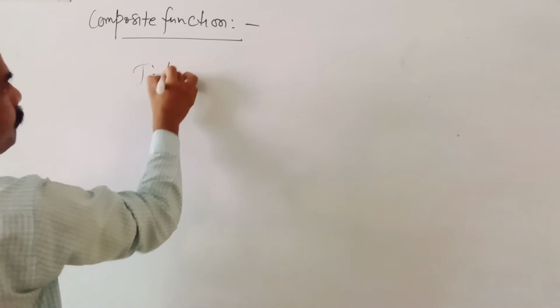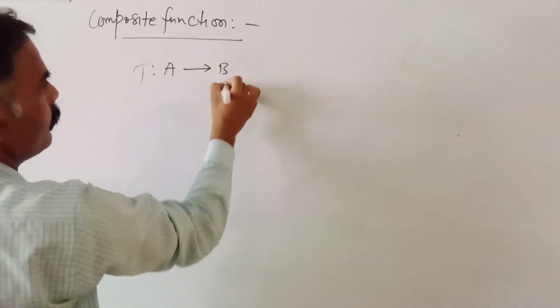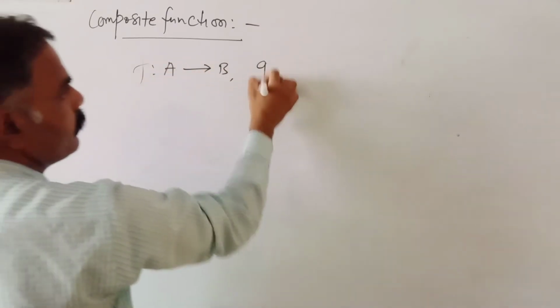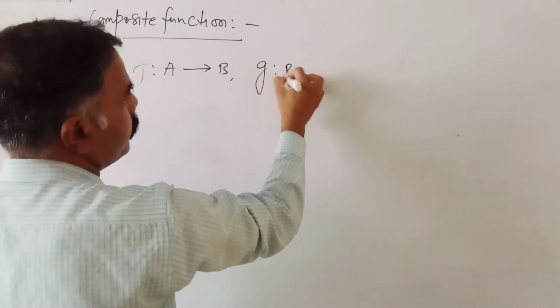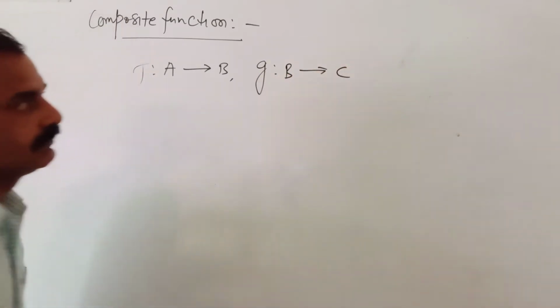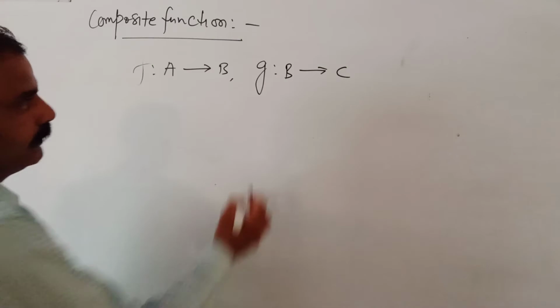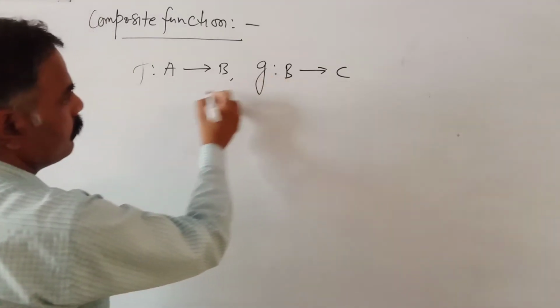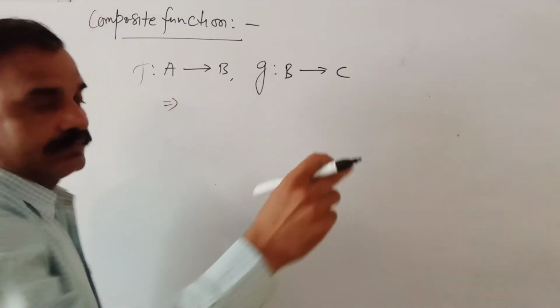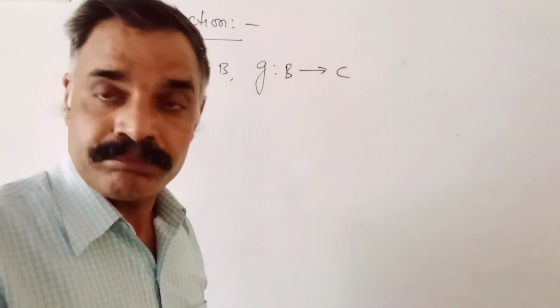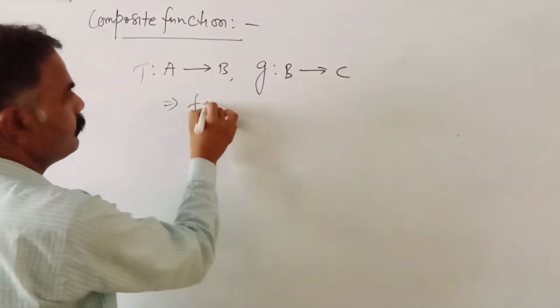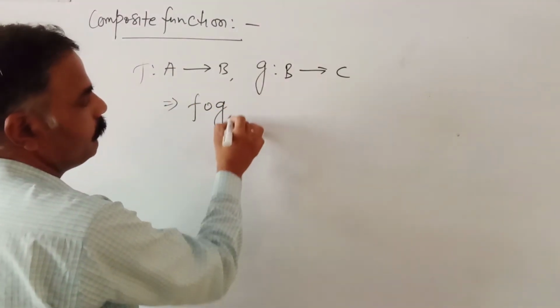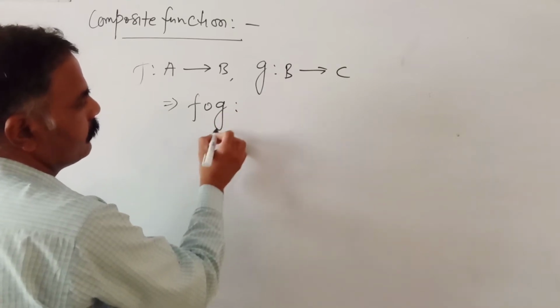Suppose a function f is defined from set A to set B and another function g is defined from set B to set C. Then its composite function is denoted as fog.